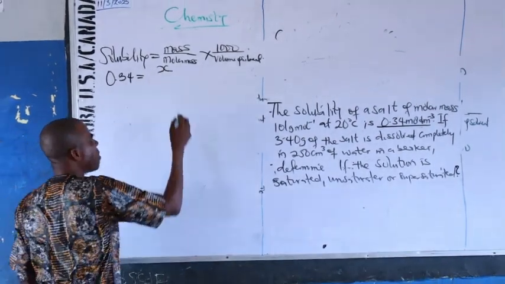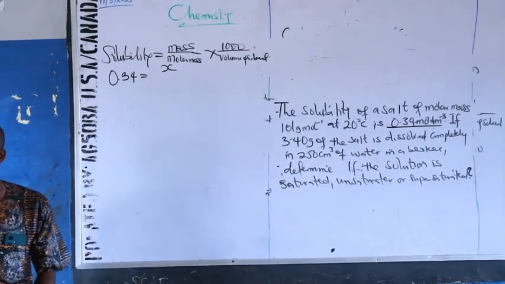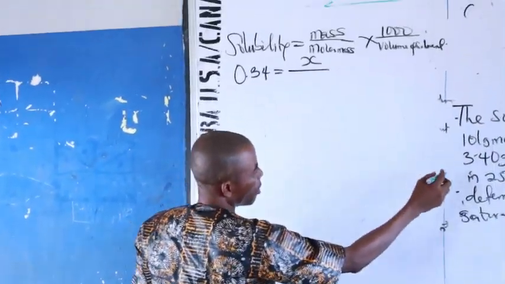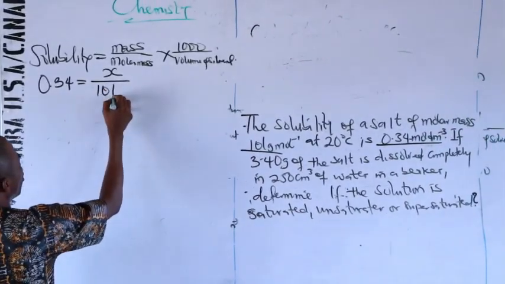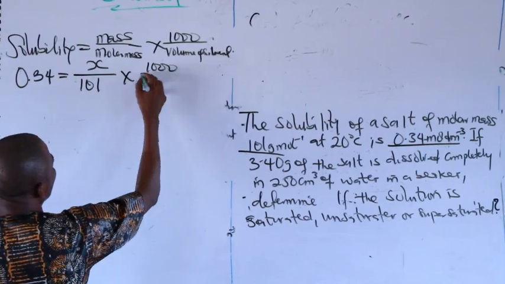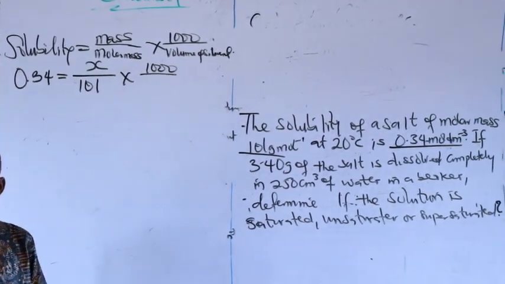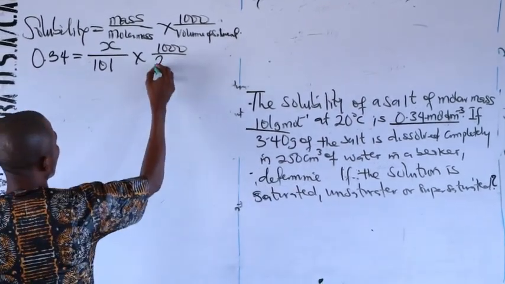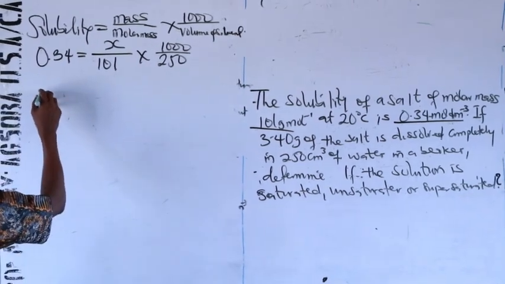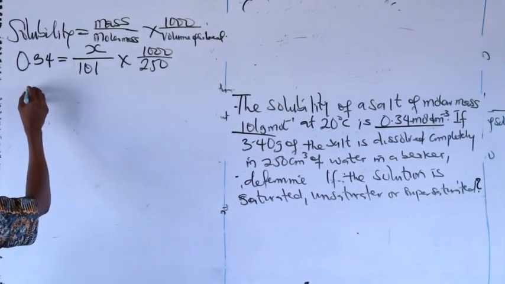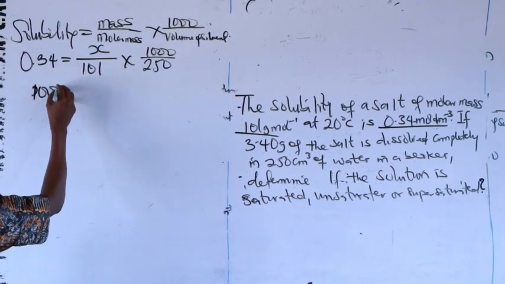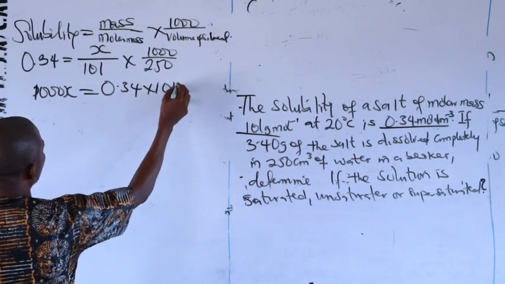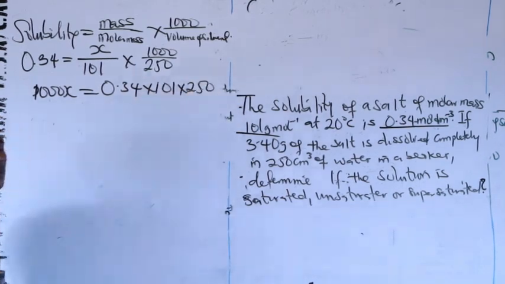Now, what will be the maximum amount of the solute that will dissolve? x over the molar mass of the salt, which is 101, times 1000 divided by how much volume of water are we using? 250 centimeter cube. We have 250. And from here we can have 1000x is equal to 0.34 times 101 times 250.